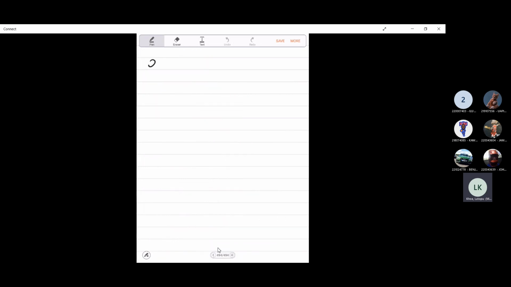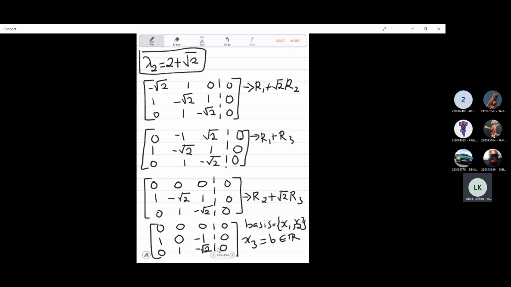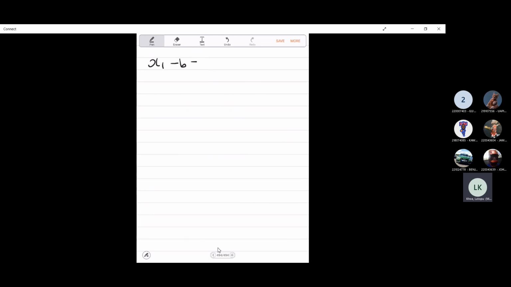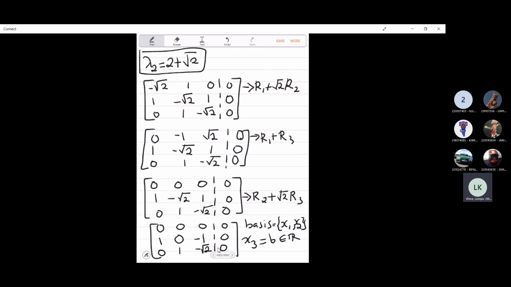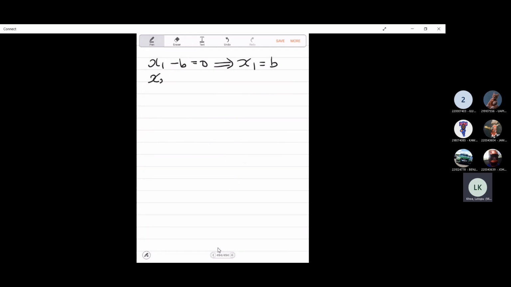I have x1 minus b is equal to 0. So this means that x1 is equal to b. And then I have x2 minus square root of 2b is equal to 0. And this means that x2 is equal to the square root of 2 times b.